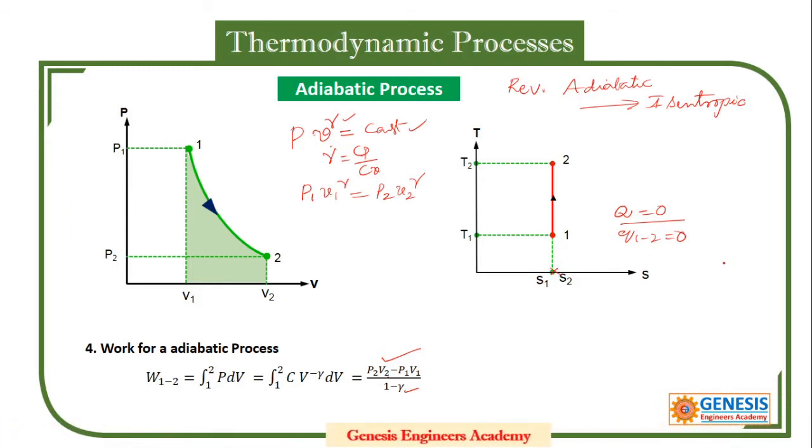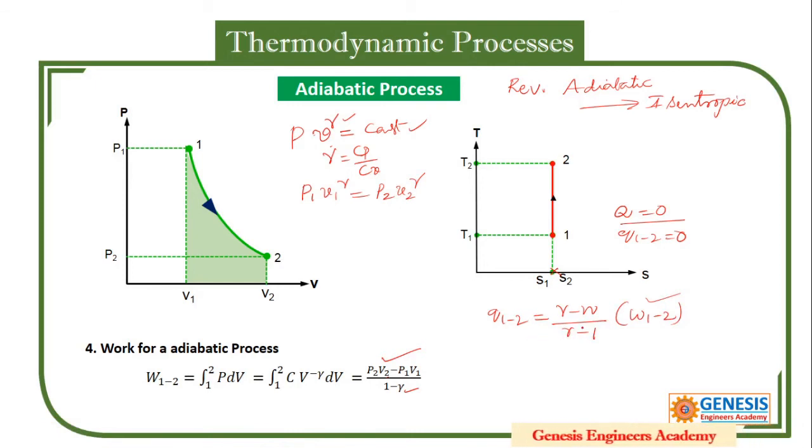And you can also derive it. Just now we have derived heat transfer 1 to 2 for polytropic. It is (gamma minus n) by (gamma minus 1) times work done. What I have to replace here is, in the place of n, I have to substitute gamma. If gamma is substituted, what would you get? Gamma minus gamma is equal to 0.